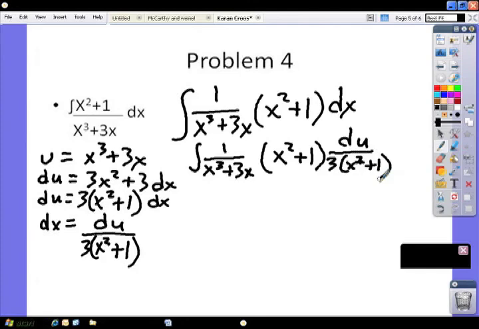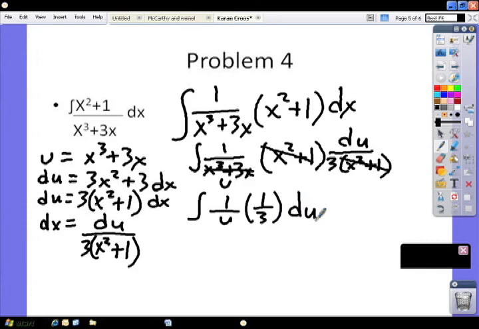Here the x squared plus 1 cancels out, and then x cubed plus 3x is the u, and then you get 1 over u times 1/3 du.